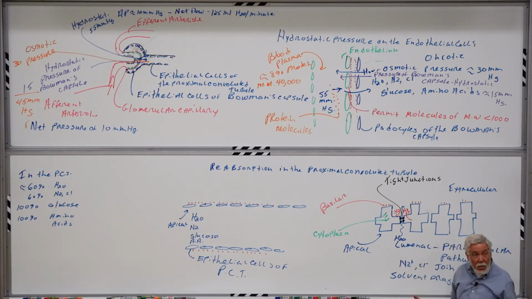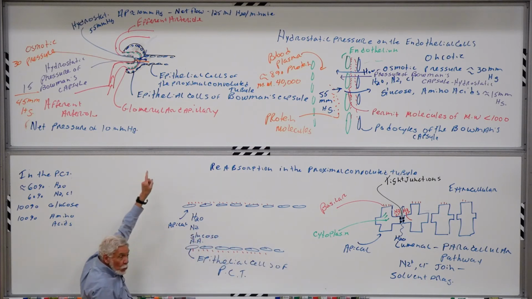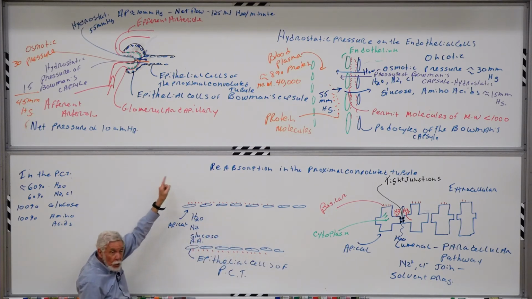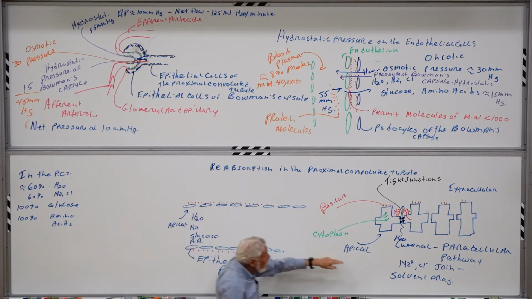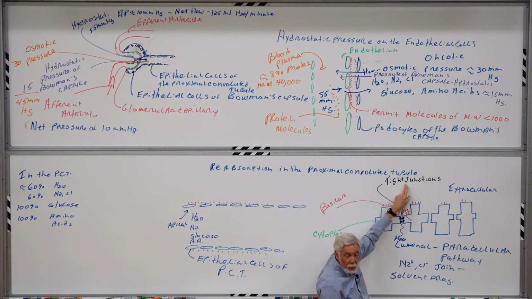There's so much fluid moving from the blood vascular compartment into the renal compartment, we just can't accommodate it by moving through the cells. We would basically dilute the ion concentration in the cytoplasm if we moved all of that water through the cells. So we move the water around.